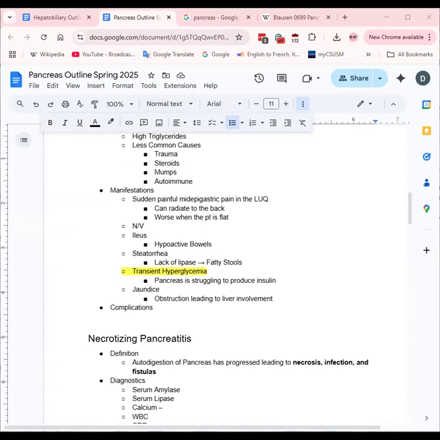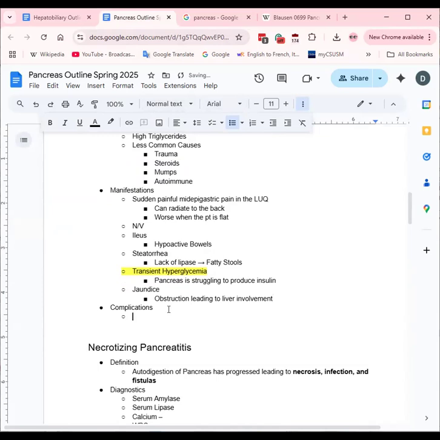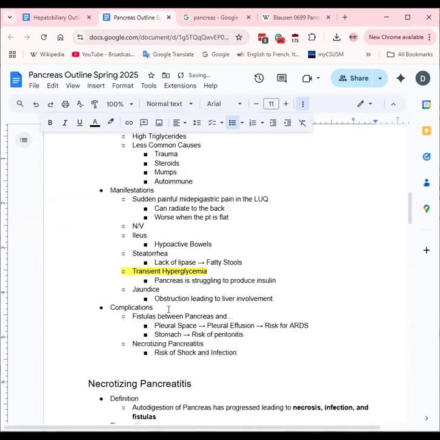Now, one of the biggest things I really want to stress is the complications. And you'll see how this all makes sense. So right here we have the major complications, and the main things here are the creation of fistulas. A fistula is essentially a connection that shouldn't be there.